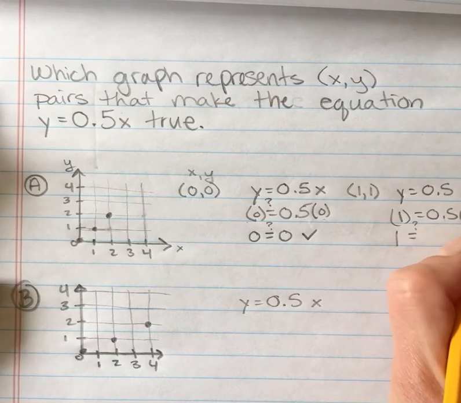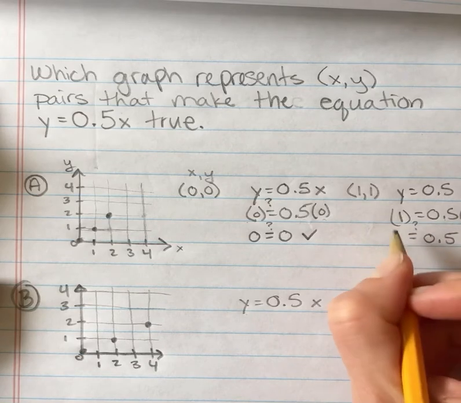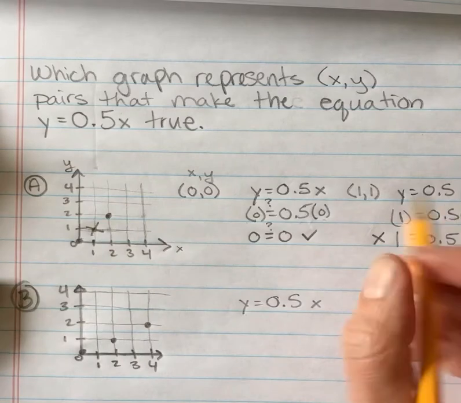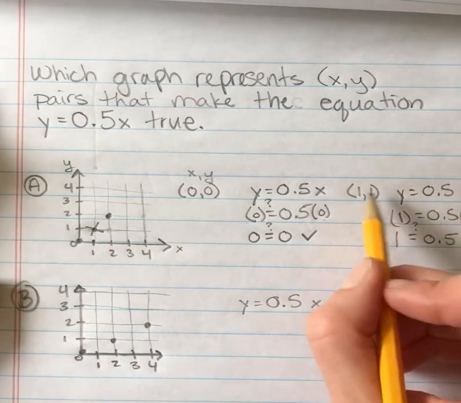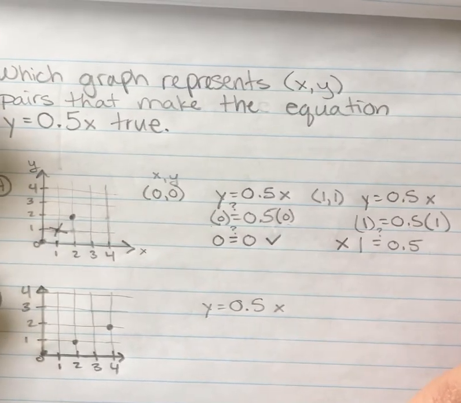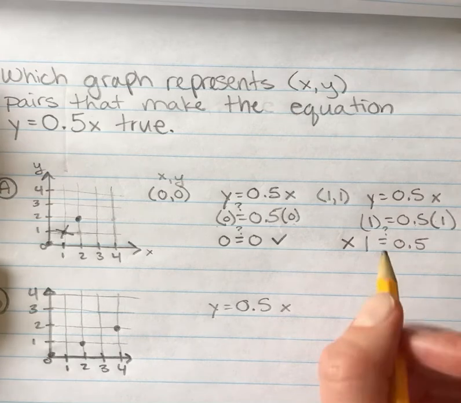Half times 1 is 1/2. Is 1 equal to 1/2? No. So this is not true. That is not a valid point of this equation. 1, 1 does not fit this equation. It's not a valid point for that equation, so it does not work.